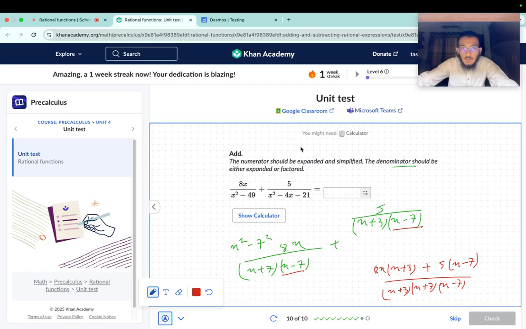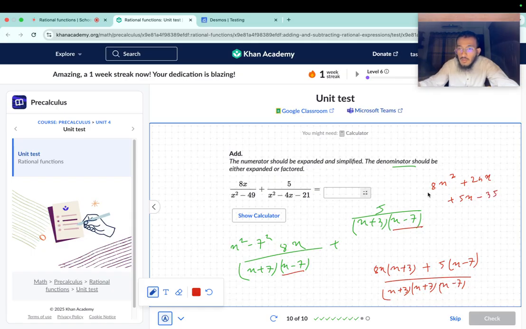So 8x squared, plus 24x plus 5x minus 35.